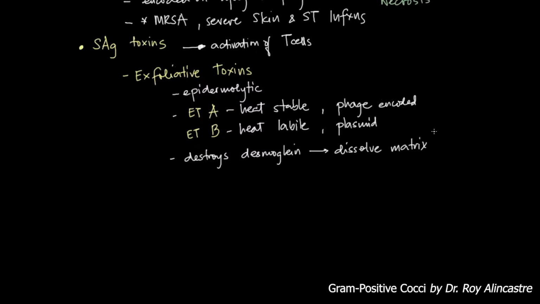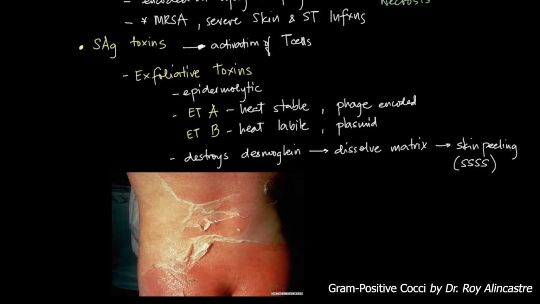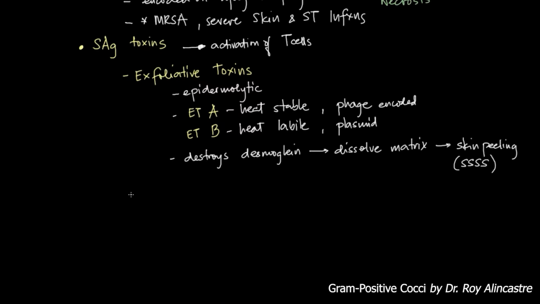This leads to the separation of the stratum granulosum, or the granular cell layer, from the stratum spinosum, or the spinous layer, causing the skin to peel away in staphylococcal scalded skin syndrome, or the SSSS. All right. Another important superantigen is the TSST, or the toxic shock syndrome toxin 1.